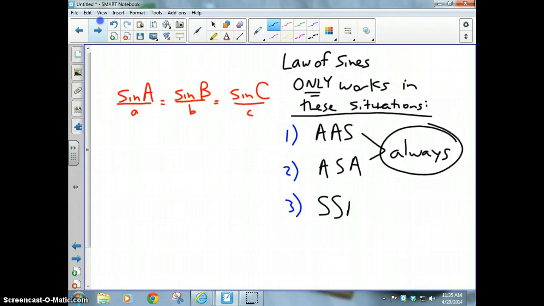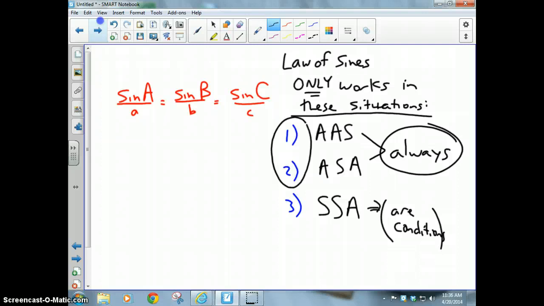However, if you're given side-side angle, which you'll see in the next video, this will not always work because there are conditions for this situation to work. That's the topic of the next video. But for this video, we're going to talk about 1 and 2 and the situations where it will always work.